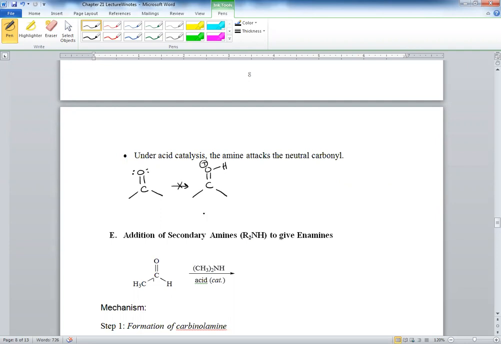This won't happen simply because NH2CH3 is a stronger base. So make sure you're aware of that when you draw the mechanism.